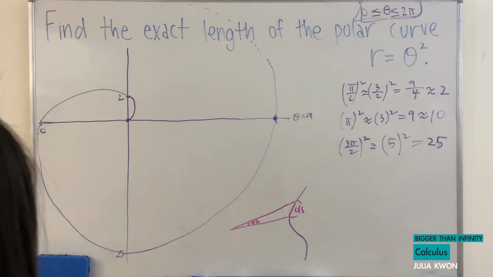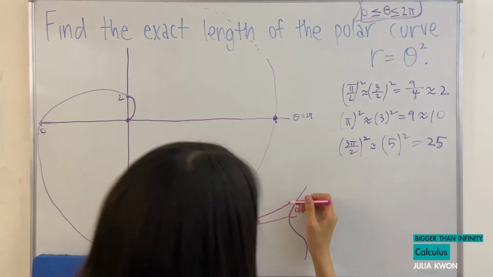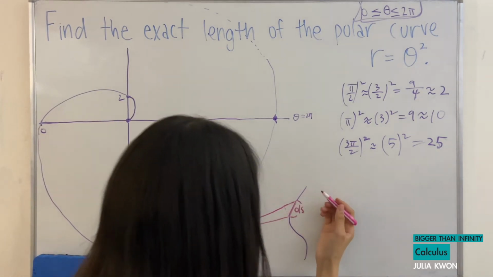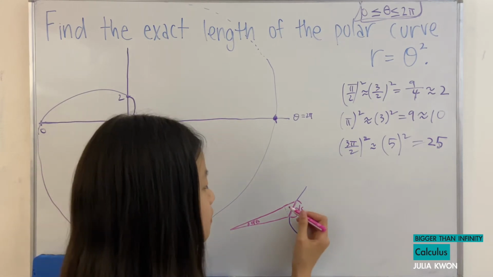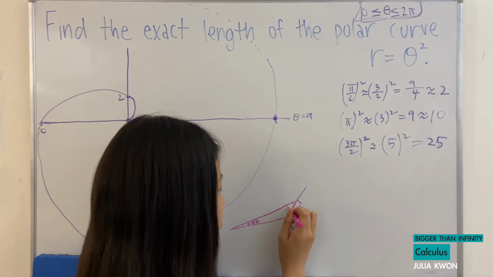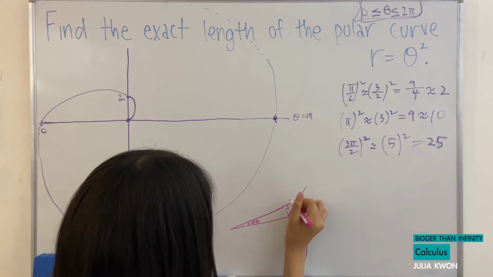Okay, and now this small triangle is a right triangle. So this angle is a right angle. This length will represent r.